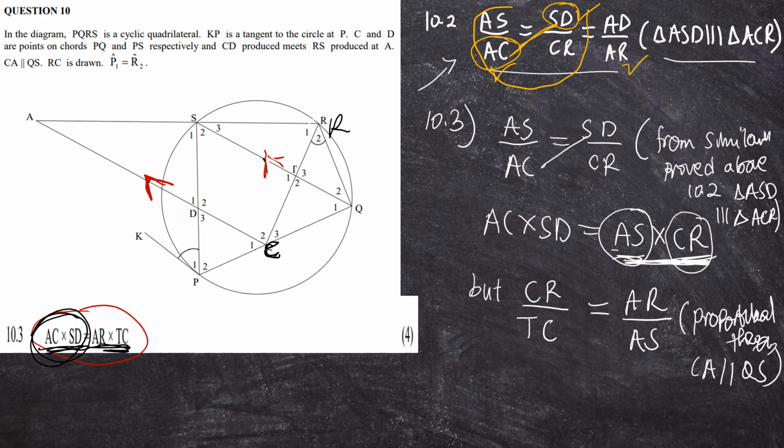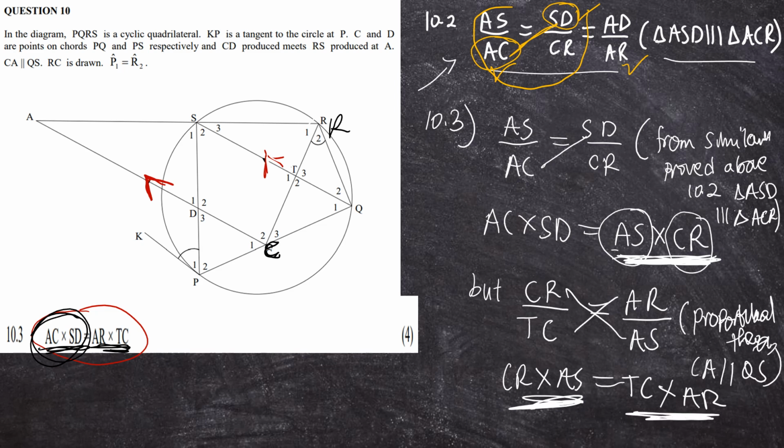Okay, so now we can go and cross multiply, right? So if we cross multiply, you realize that CR multiplied by AS is the same as TC multiplied by AR. We have just proven what we wanted. Remember, we wanted to prove that AS multiplied by CR, which is this, is the same as TC multiplied by AR.